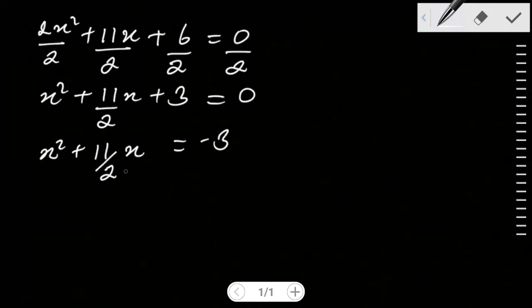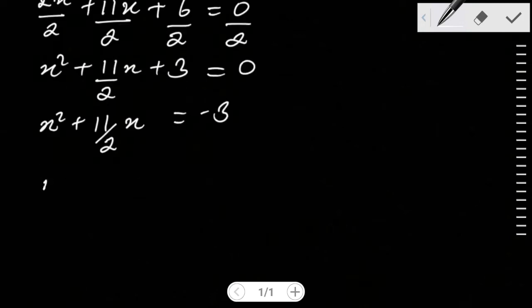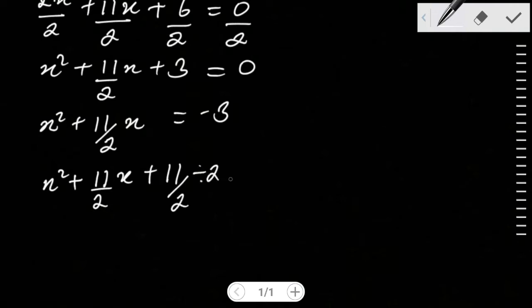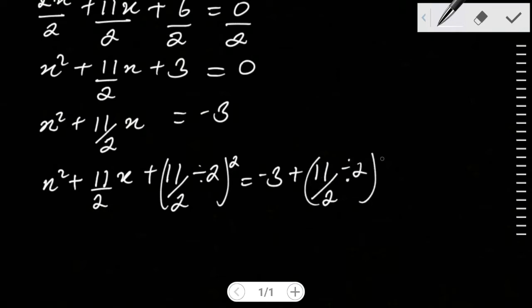So to make this side a perfect square, I'm going to get the coefficient of x, divide it by 2 and square it to make this side a perfect square. x squared plus 11 over 2 x plus (11 divided by 2 divided by 2) squared would equal -3 plus (11 divided by 2 divided by 2) squared.